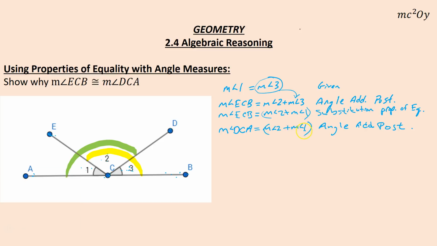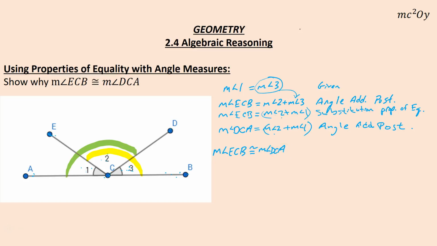There's 2 and there's 1. So DCA is made up of angle 2 and angle 1. That's still true. And notice they're the same thing now. ECB equals angle 2 plus angle 1. DCA equals angle 2 plus angle 1. Therefore, the measure of angle ECB is congruent to the measure of angle DCA.